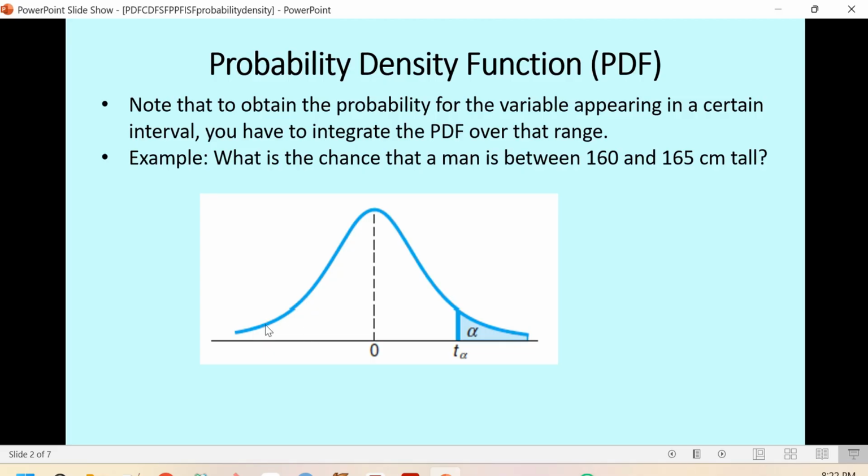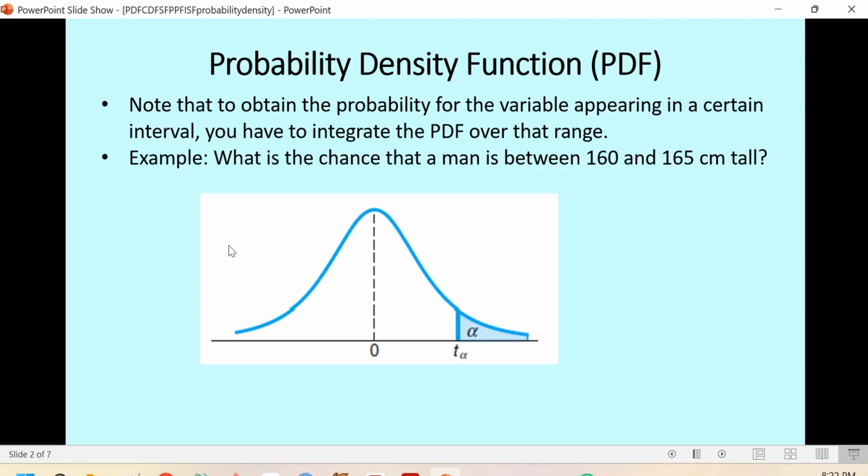The only thing you can do is to calculate the probability between two values associated with this probability density function. So for a continuous probability curve, we can only calculate the probability with the integral along this density curve.